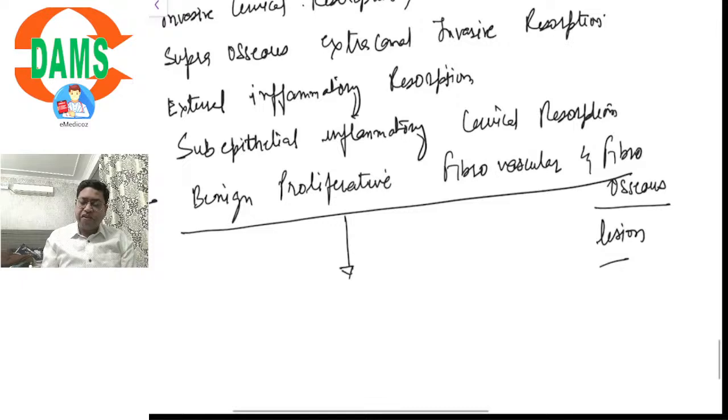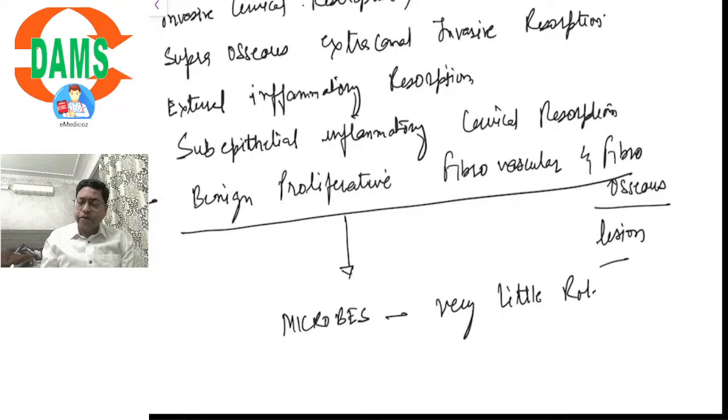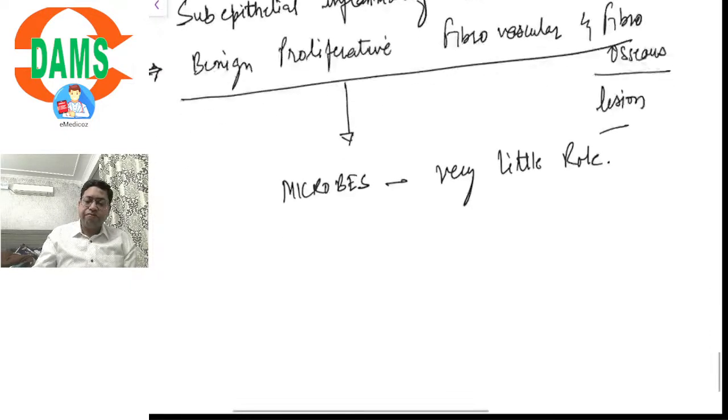And because of this, microbes have very little role. If we consider external inflammatory resorption, it is most often associated with microbial infection of the pulp cavity because it is inflammatory in nature. On the other hand, microbes have a very limited role to play in external cervical resorption.